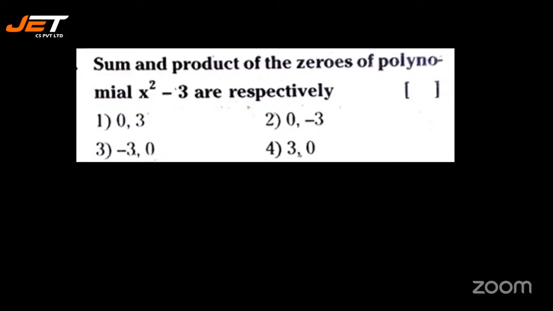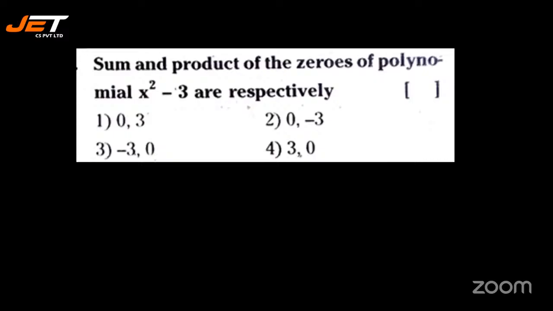Is it a quadratic polynomial? Is it a cubic polynomial? Or is it a biquadratic polynomial? All right, let's see the answer. It is a quadratic polynomial because it is in the form of a quadratic equation only. Isn't it? Ax squared plus bx plus c is equal to 0. Right, see the next question.